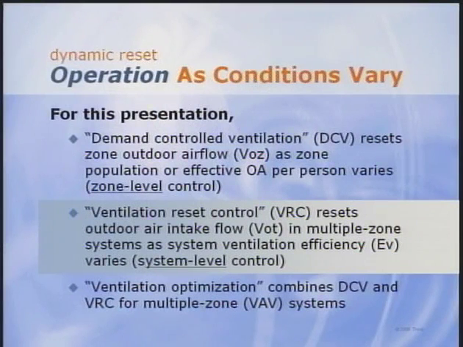So the actual outdoor air needed at the intake is different at part load than at full load. Standard 62 recognizes this and allows optional controls that adjust outdoor air intake flow in response to variations in system ventilation efficiency. We refer to this approach as ventilation reset control.